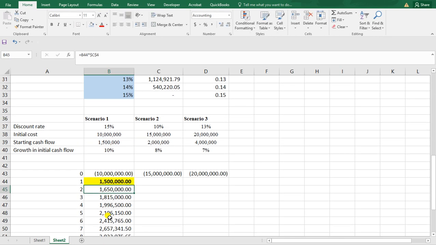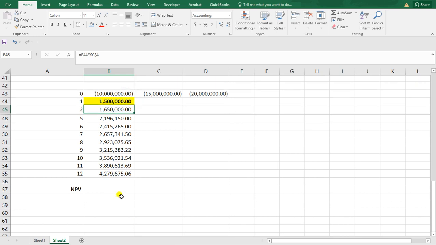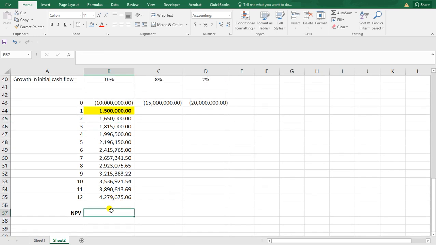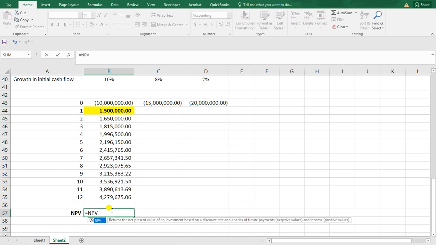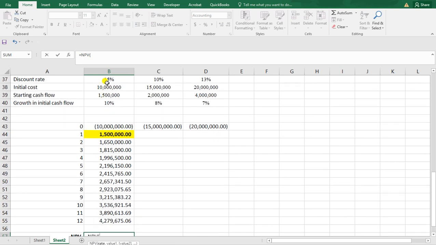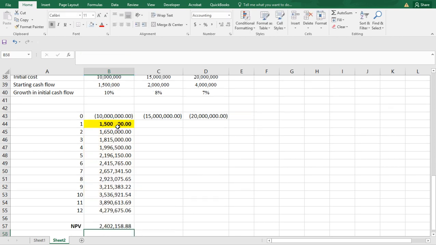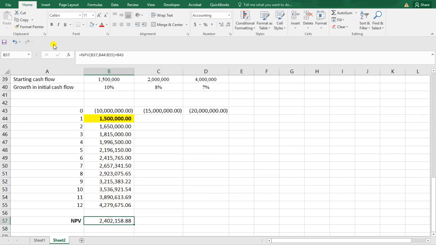So basically I'll be having that. You'll find that it will change everything here, right? So my NPV, that will be simple. Our NPV, function of NPV, rate is 15% discount rate, comma, my data value basically is all this, plus that initial outlay. So this will be our NPV at that point, right?